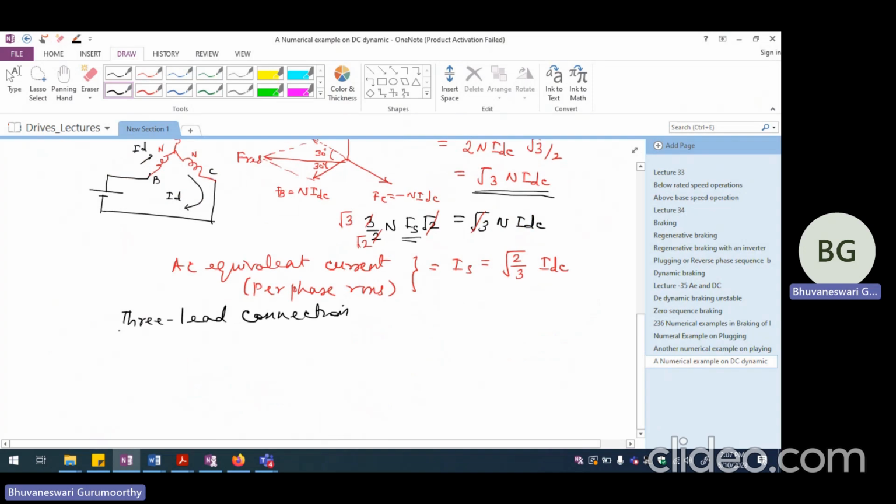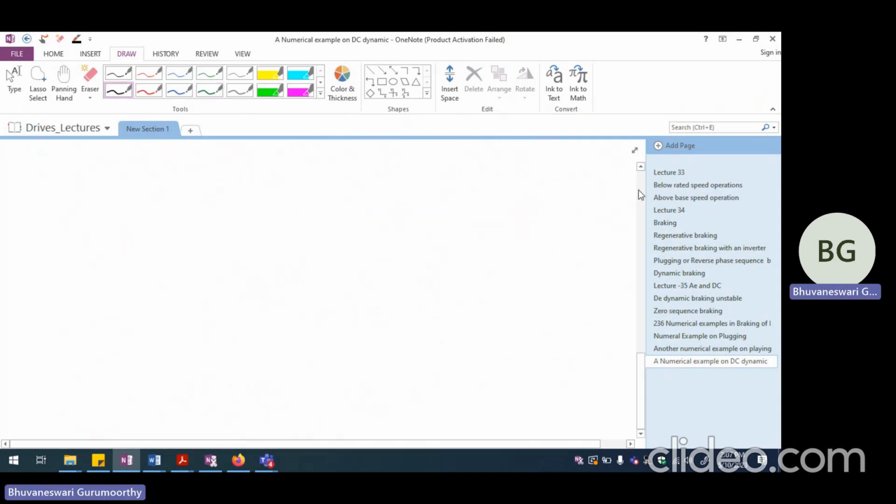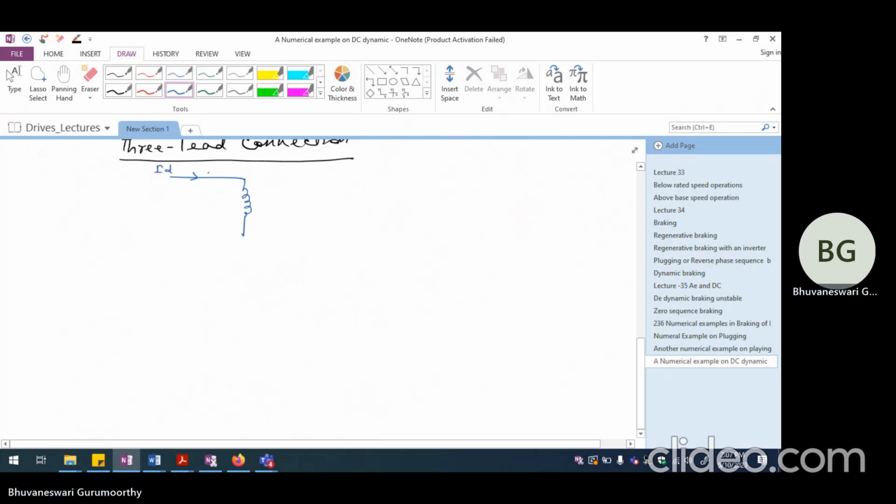In the three-lead connection, I'm going to have A phase, which is carrying the current ID, and it is going to pass through B and C phases. It is going to divide itself into two halves. So this is going to be ID by 2. This also is going to be ID by 2.